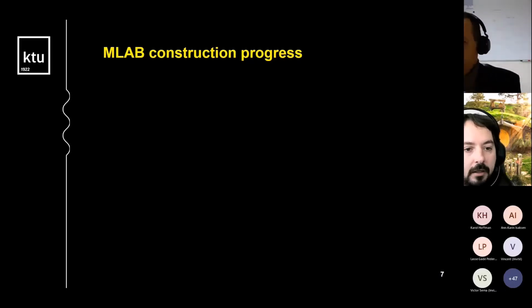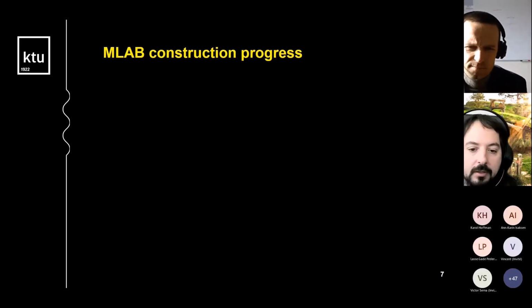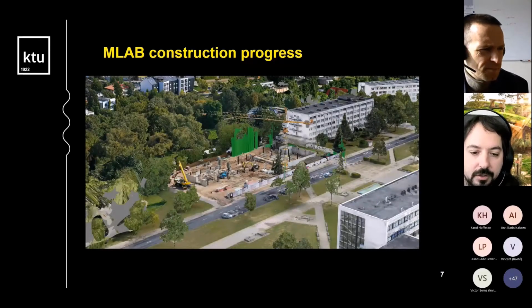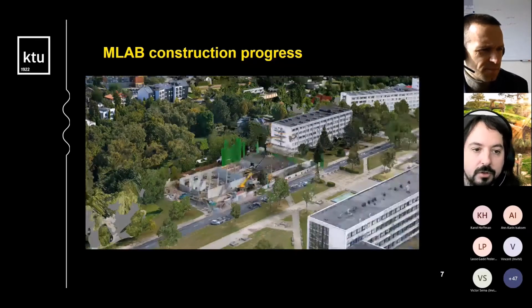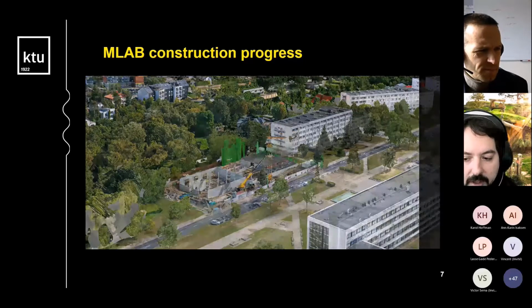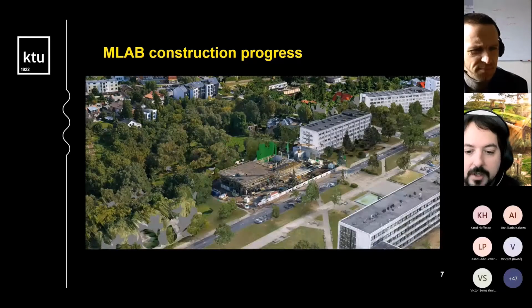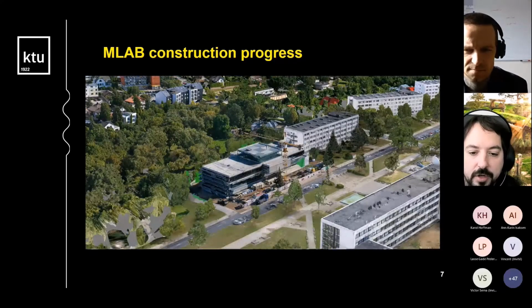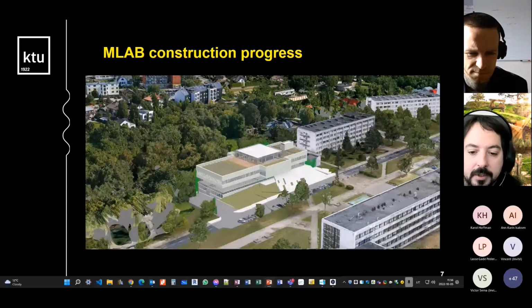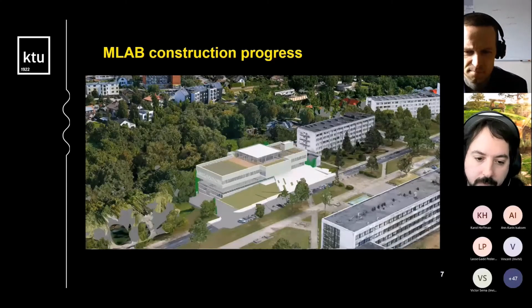Now, the final project for which we used Open City Planner is to monitor the construction process. This is a laboratory complex on our university campus where we used photogrammetry at different stages of the construction, and we placed it in Open City Planner as 3D models.